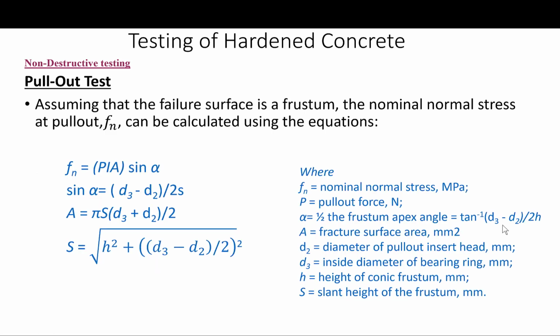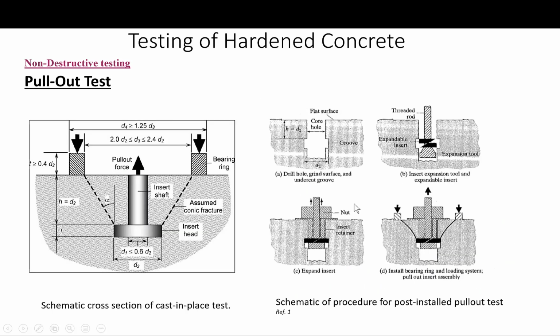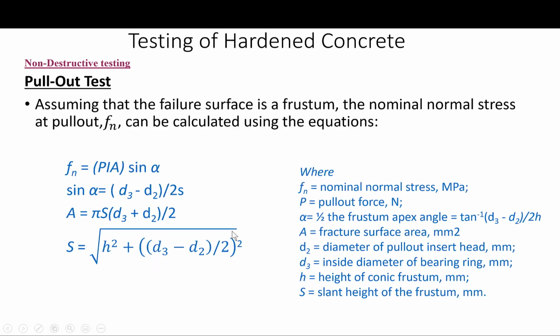So how do we measure the pull-out strength? Assuming that the failure surface is a frustum as shown here, the nominal stress at pull-out, referred to as F sub n, can be calculated using the equations right here. So this is the equation: P over A times sine alpha, basically D3 minus D2 over 2S.